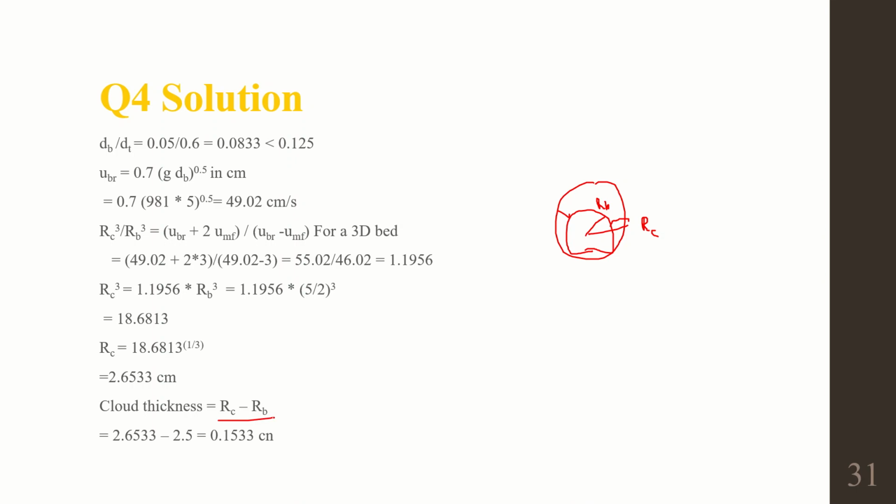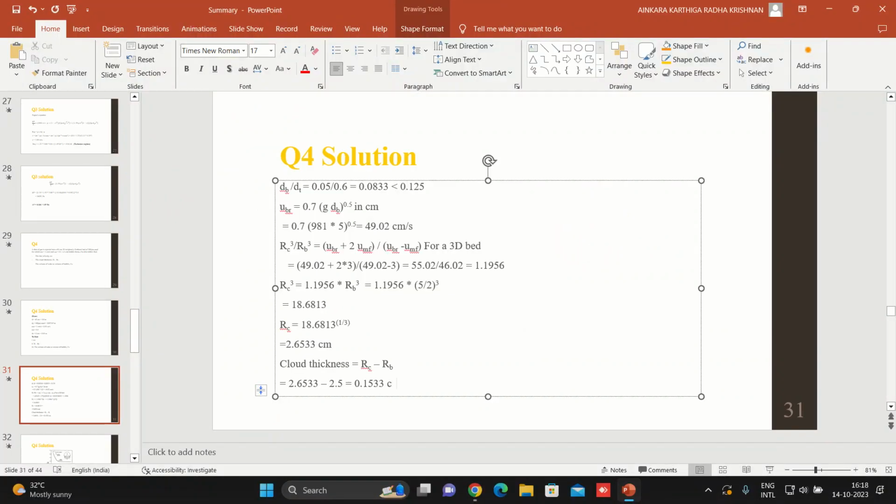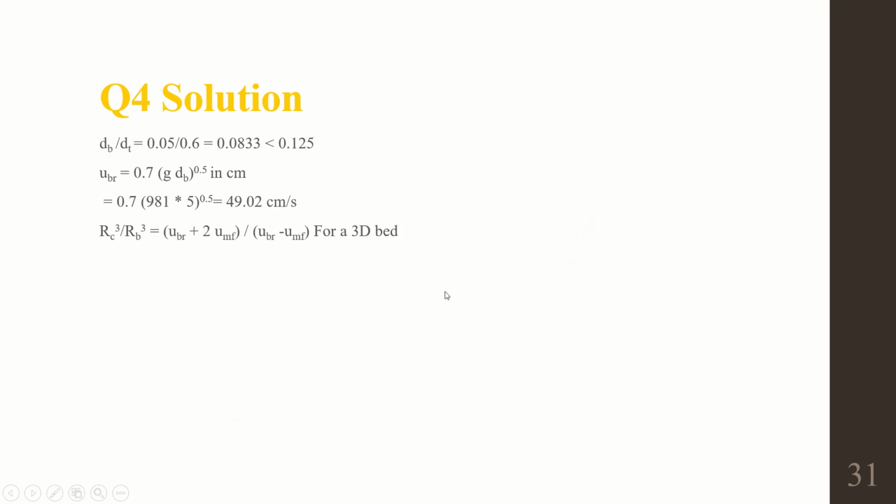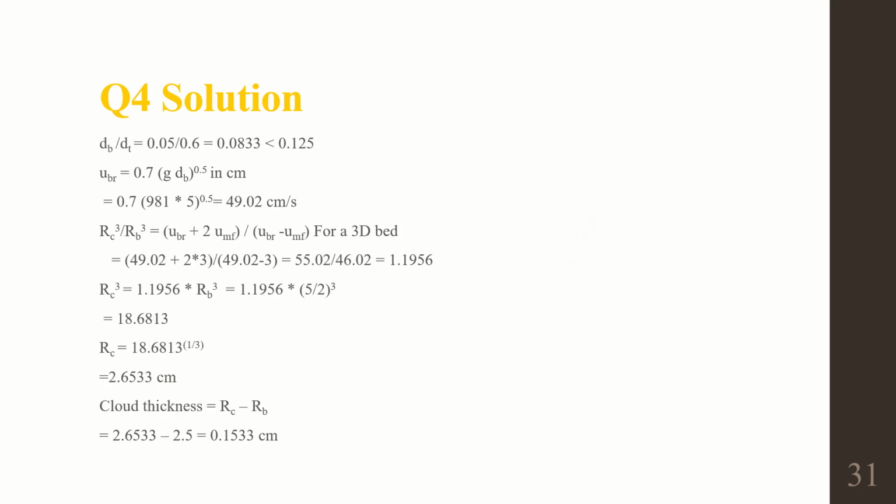So RC minus RB is 2.6533 minus 2.5, which is 0.1533 centimeter. I guess you are aware of this. So we are getting RC minus RB as 0.1533 centimeter. And next, what do we need to find?